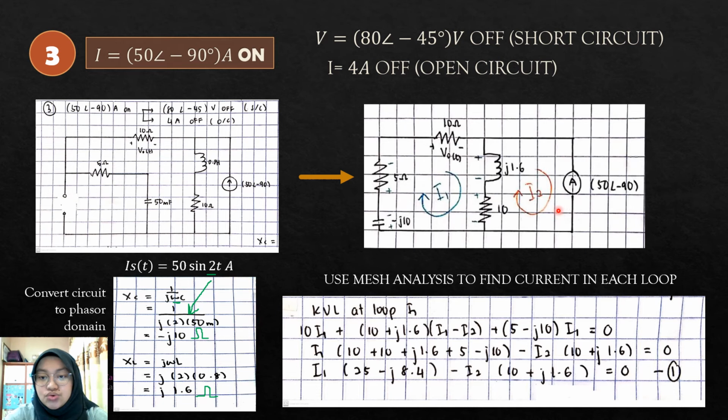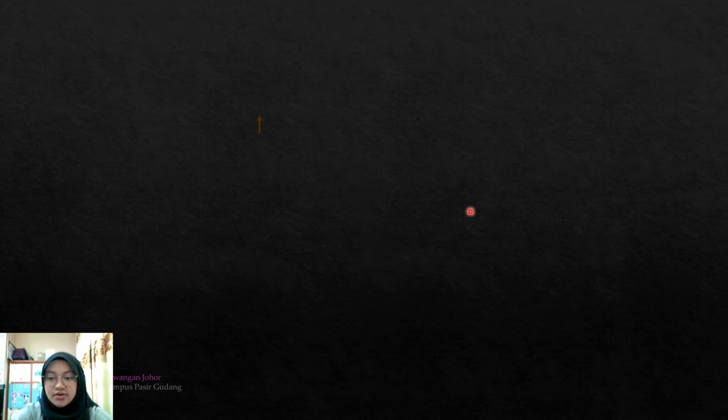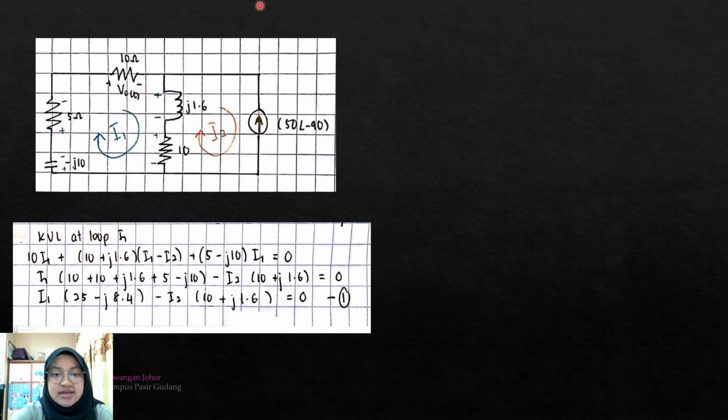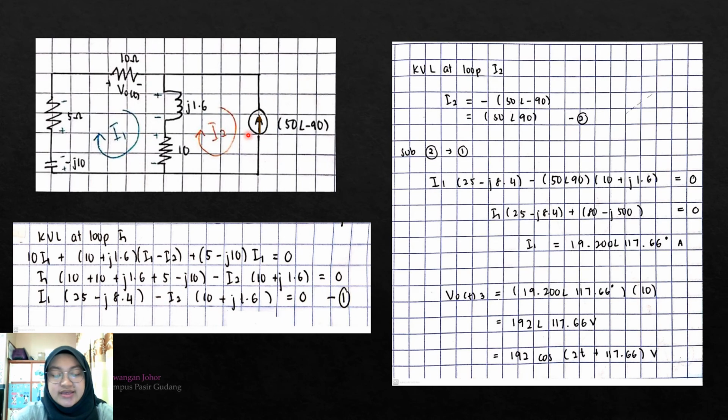Then I go to find the value of I2 at loop I2. By looking at this diagram, we can see this is a current source. So automatically, the value of I2 is the value of the current source here.